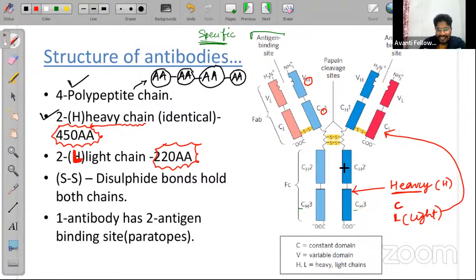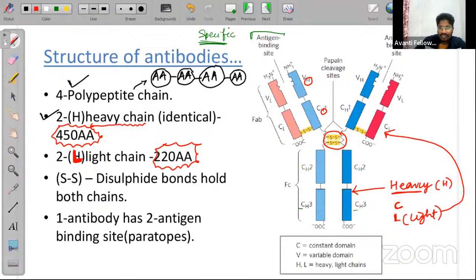These heavy chains are identical to one another and they will be connected with one another by the help of disulfide bond. This region where they are connected by disulfide bond is called your papain cleavage site, or it is also called the hinge region.